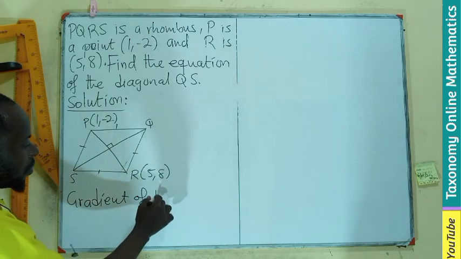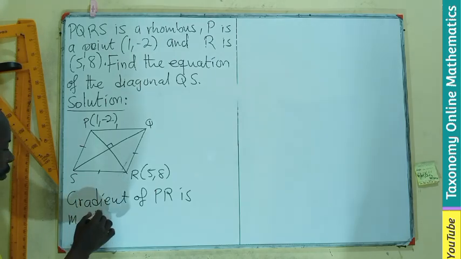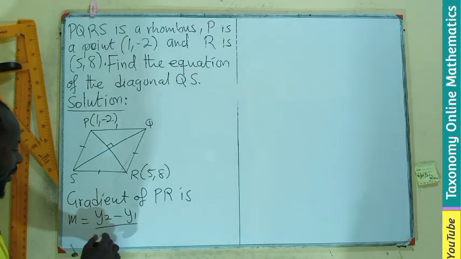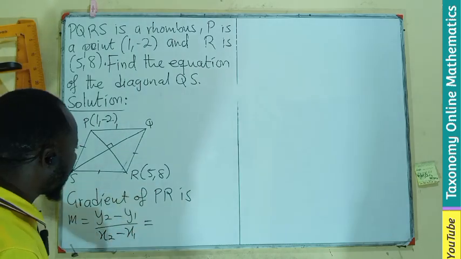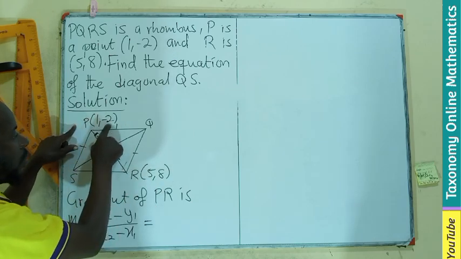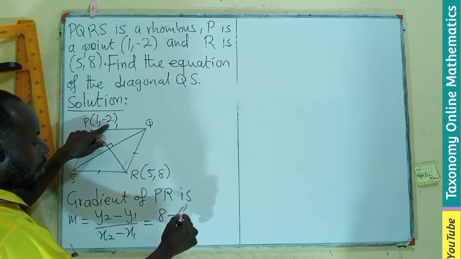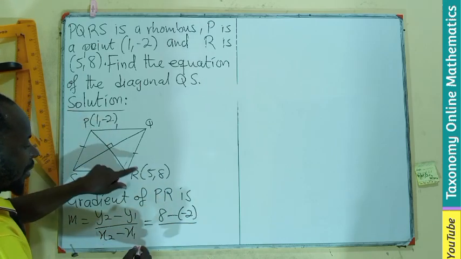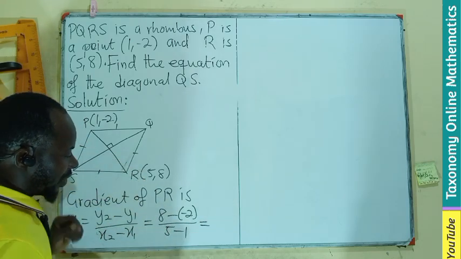So let's see. Let me just have the gradient of the diagonal PR is going to be m equals (y2 - y1) divided by (x2 - x1), right? So 8 as y2, -2 as y1, 5 as x2, -1 as x1.